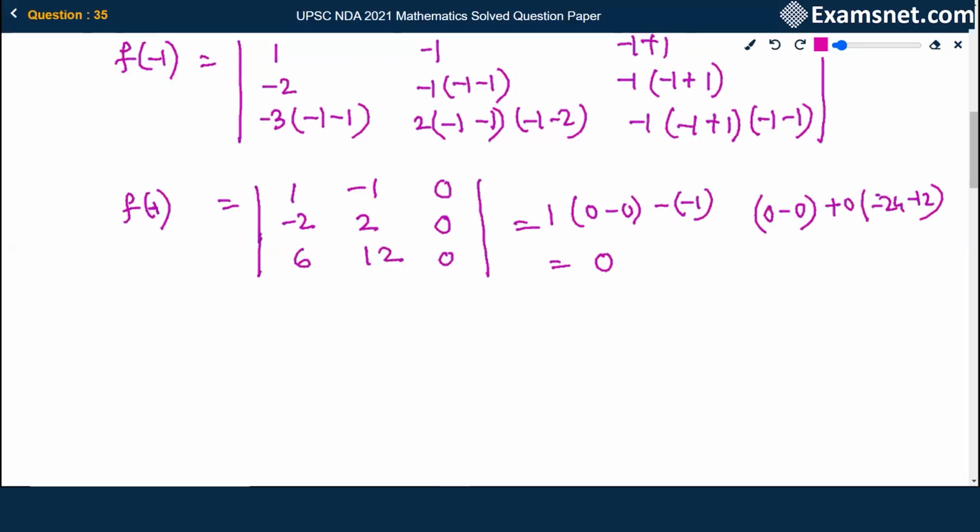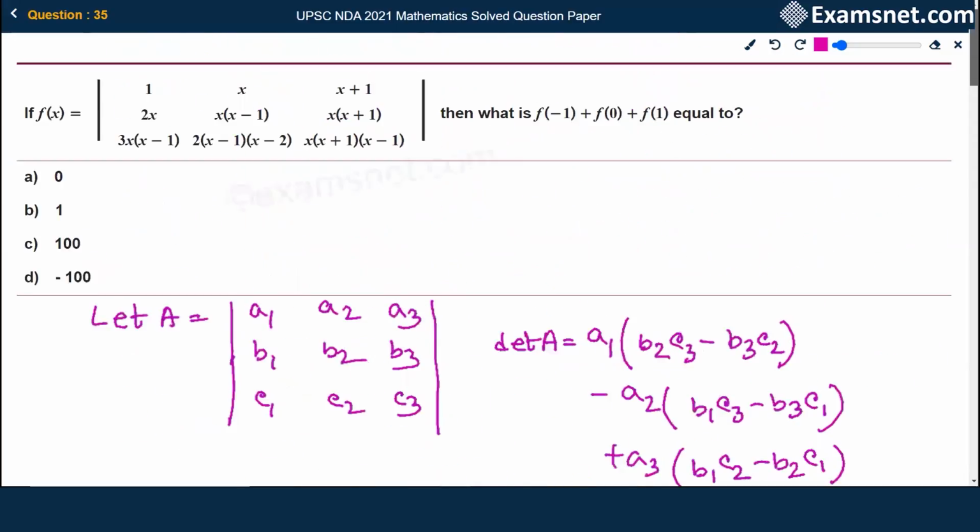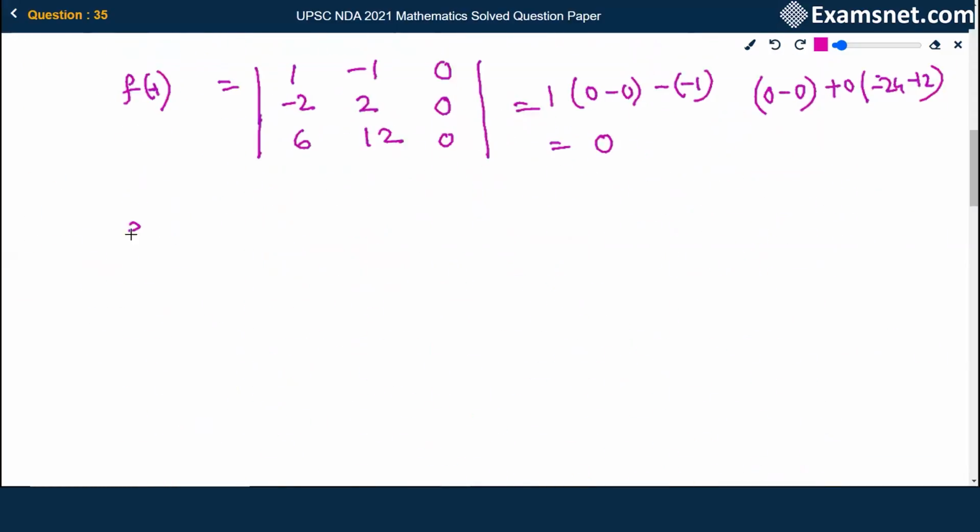Okay, now let's find the value for f of 0. F of 0 means 1, 0, 0, 0, 0, 2, 0 -1, and 0 -2, and also 0 plus 1.